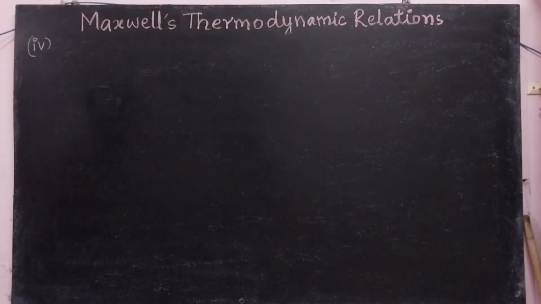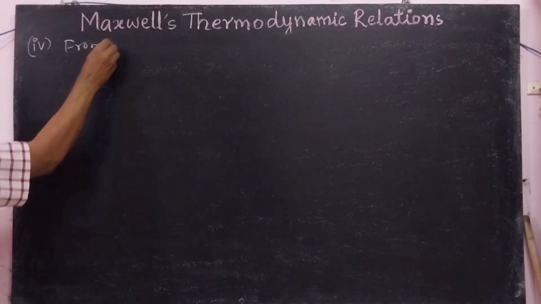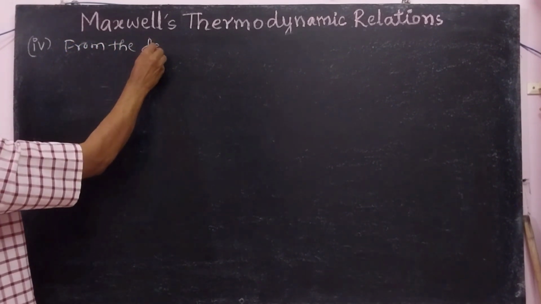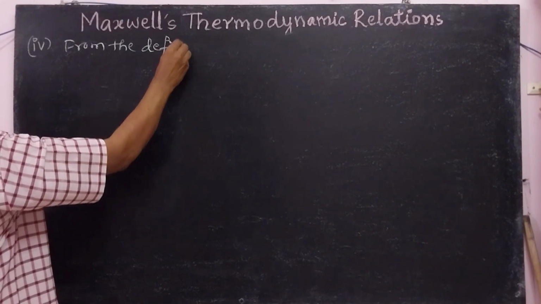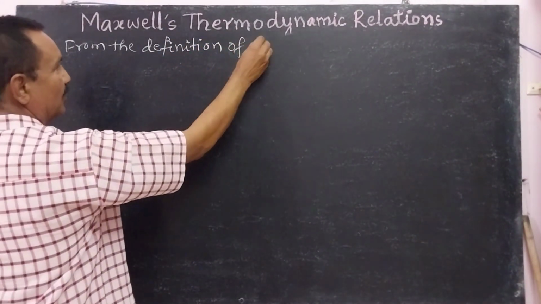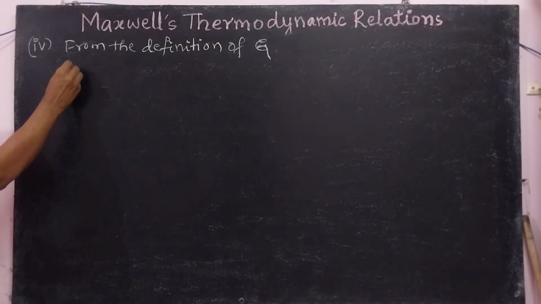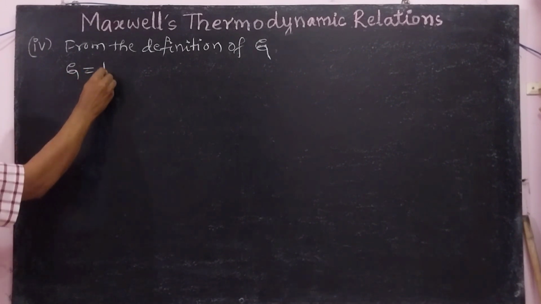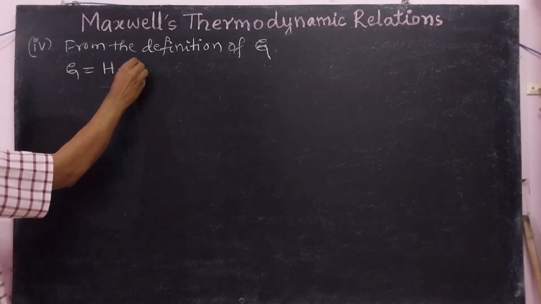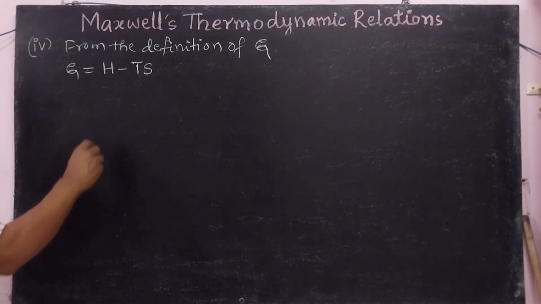Now, the derivation of the fourth important relation from the definition of Gibbs free energy, that is G is equal to H minus TS.